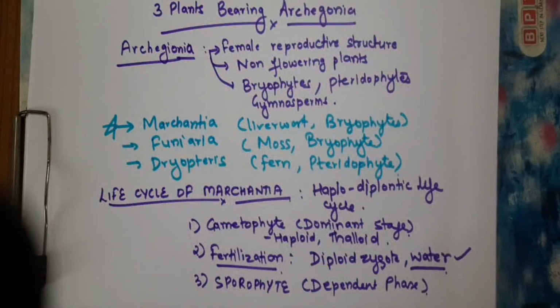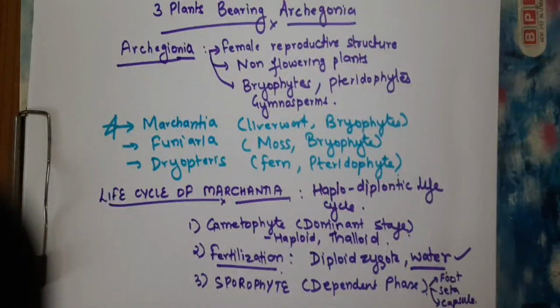The sporophyte consists of three parts: the foot, seta, and the capsule. Foot is required for anchoring to the gametophyte. Seta is the stalk, and the capsule is the sporangium where spores are actually produced.